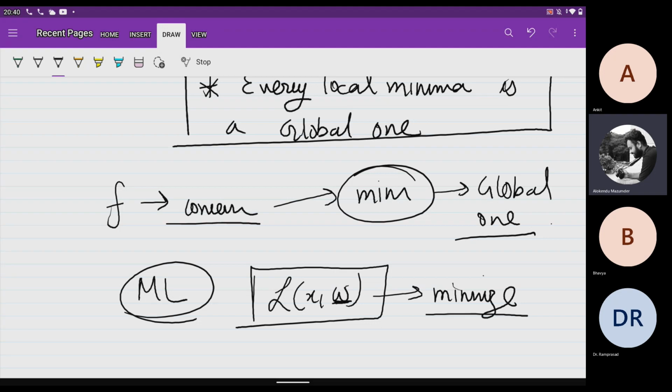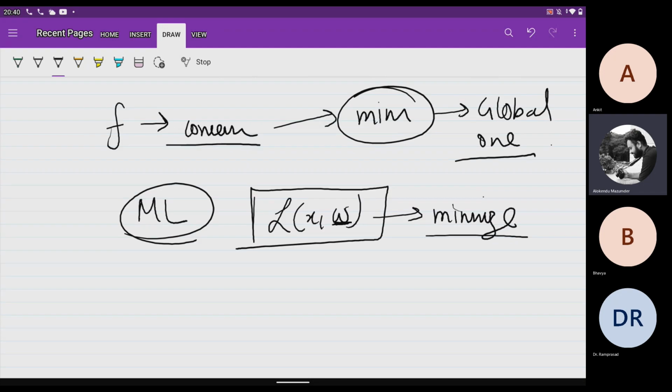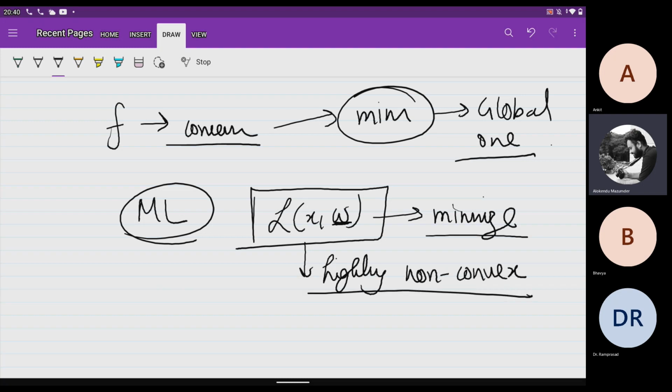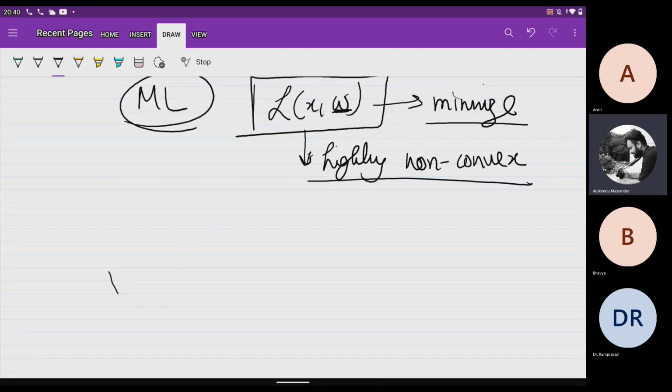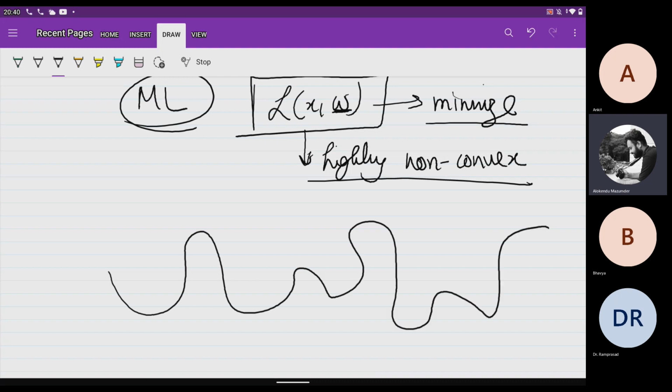We will explain it later in more detail. But to give you a rough overview, in machine learning or deep learning, this is a highly non-convex function. Mostly the loss functions are very bad in the existing literature. In 1D, they can be of any shape like this.